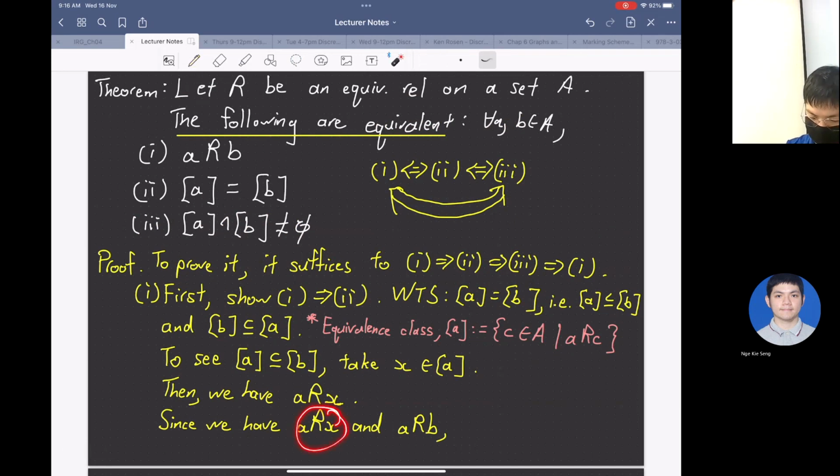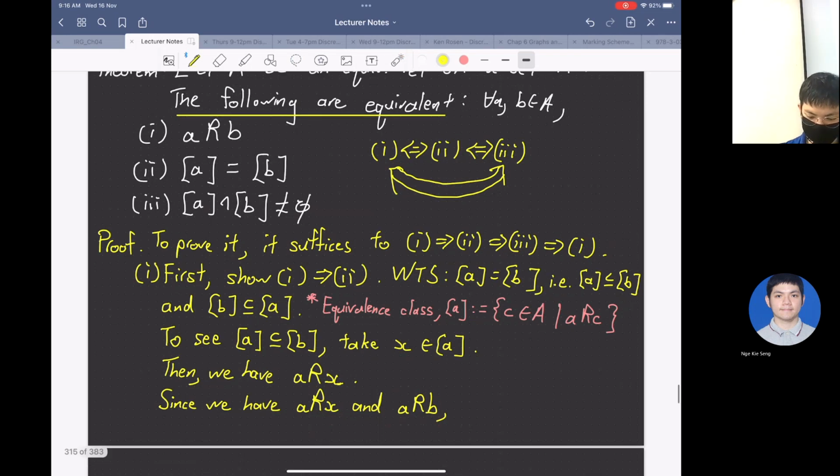A is related to X and A is related to B. Can we conclude anything about X and B? X is related to B.